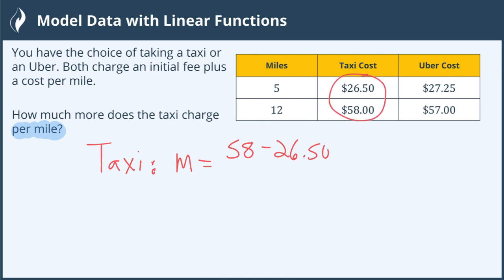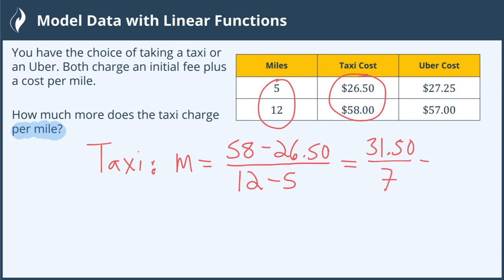Because those are our outputs, our Y values, over our inputs, which would be 12 minus 5. So when we do that, 58 minus 26.50 comes out to be 31.50. And 12 minus 5 comes out to be 7.